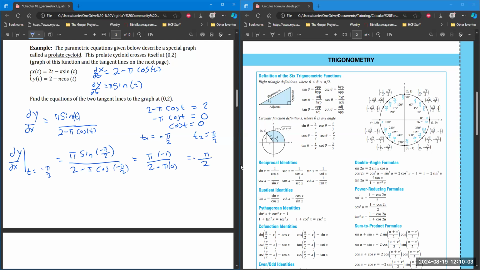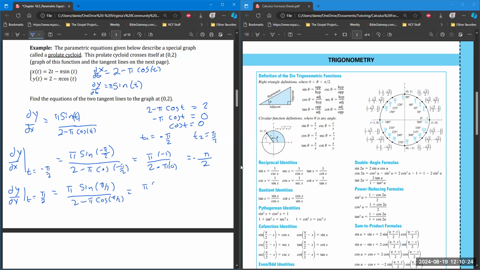My dy/dx when t is equal to pi over 2 is going to be pi times sine of pi over 2 over 2 minus pi cosine of pi over 2.